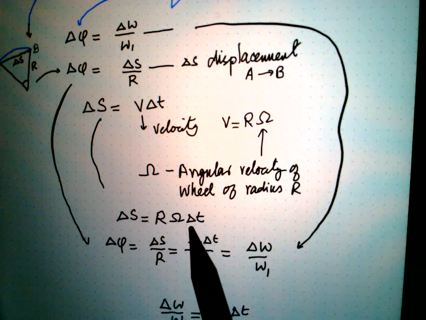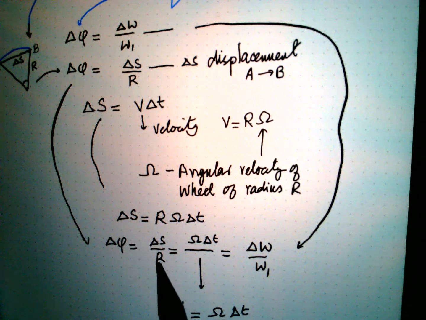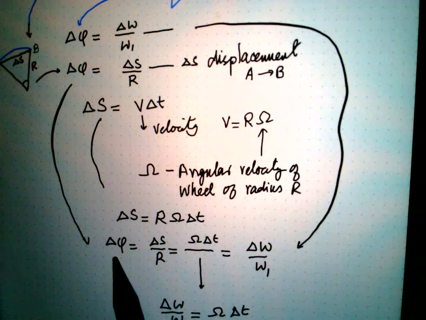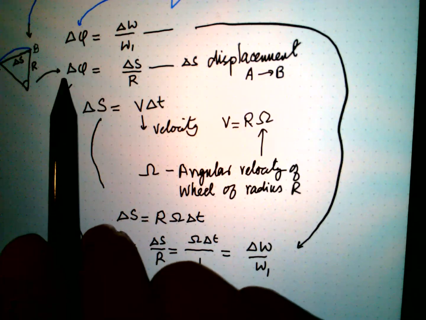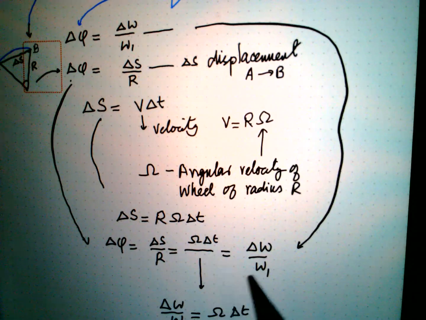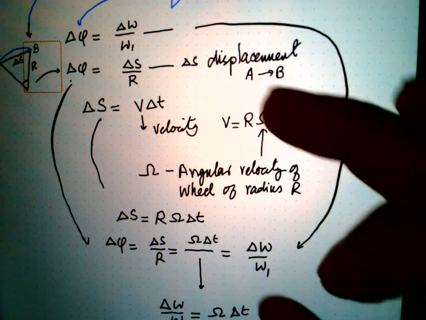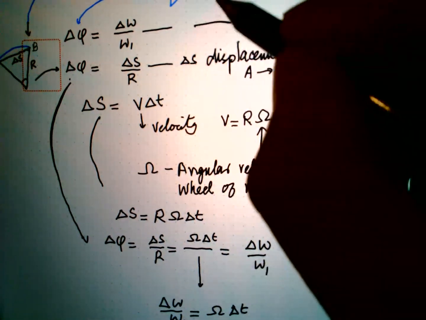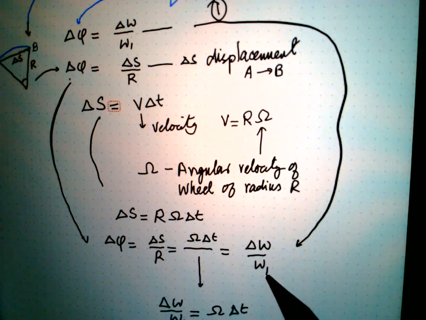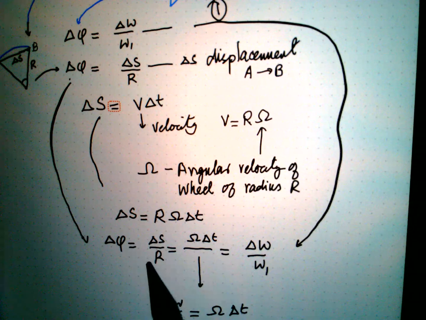So from here, delta s over R is equal to delta phi, the delta angle. So this is equal to omega delta t, and from equation number 1, this is equal to delta omega over omega 1. So these are the two relationships we have got.